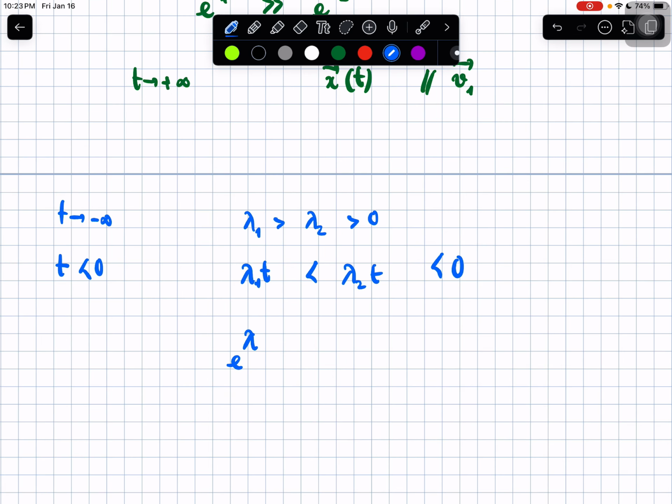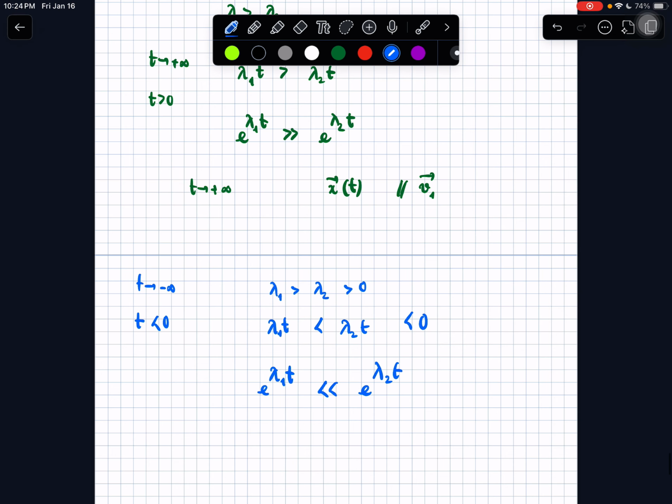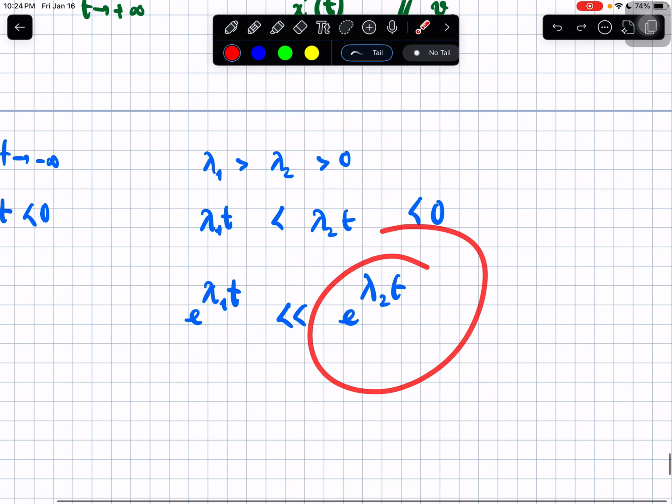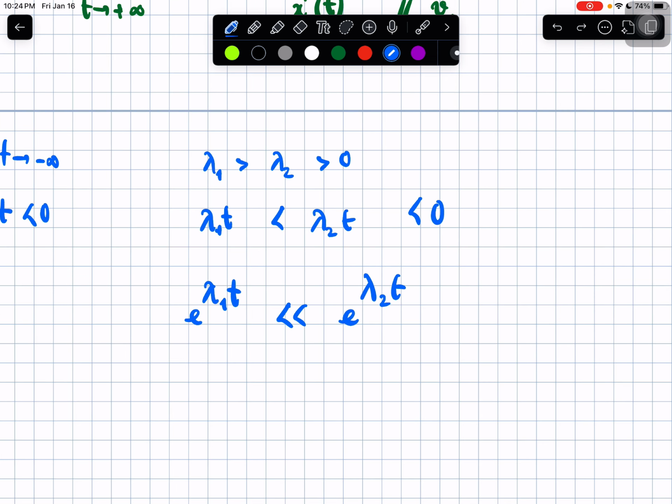Lambda 1 t decays very fast, much smaller than lambda 2 t. So the one that dominates is the bigger one. So it follows v2, or x(t) is parallel to v2 when t tends to minus infinity.